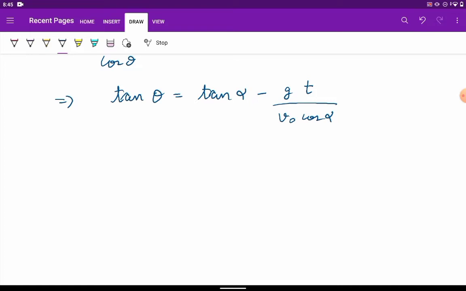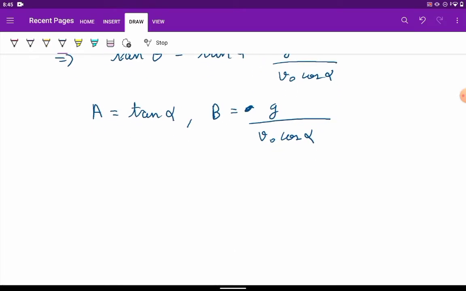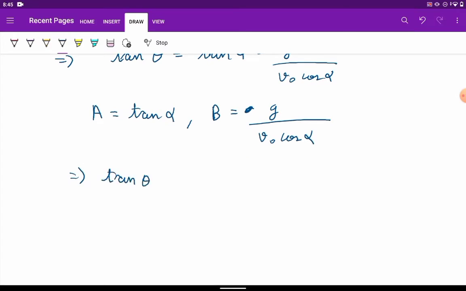Now let's consider capital A as tan alpha and capital B as g by v naught cos alpha, just to make our simplification easier.